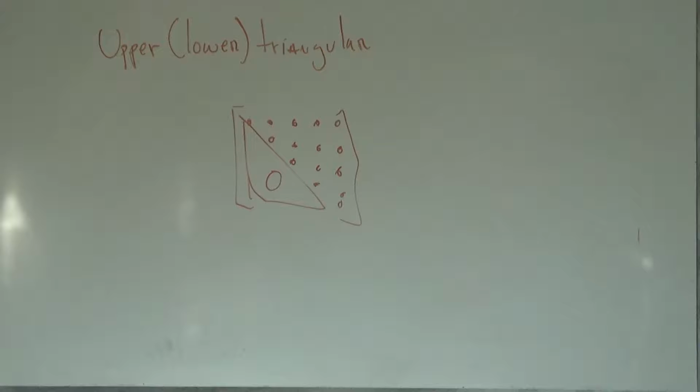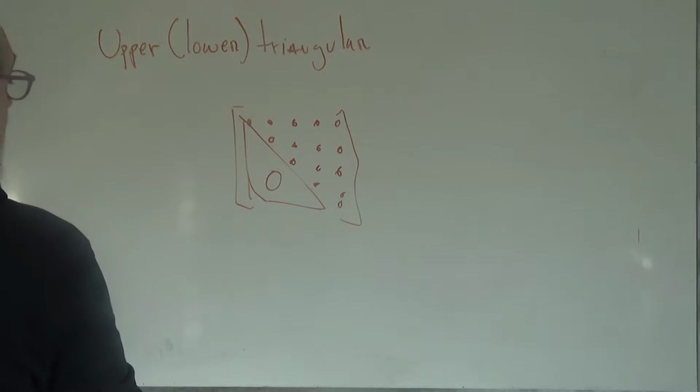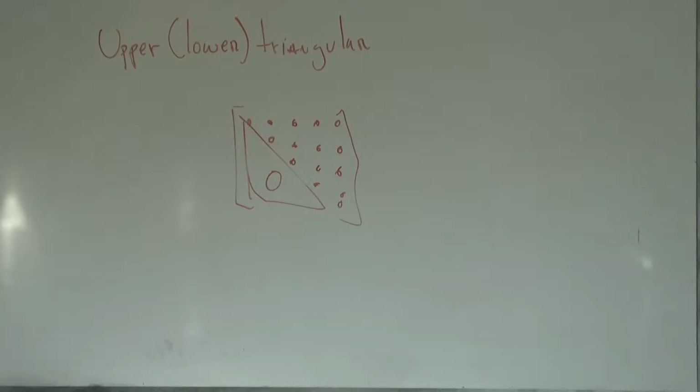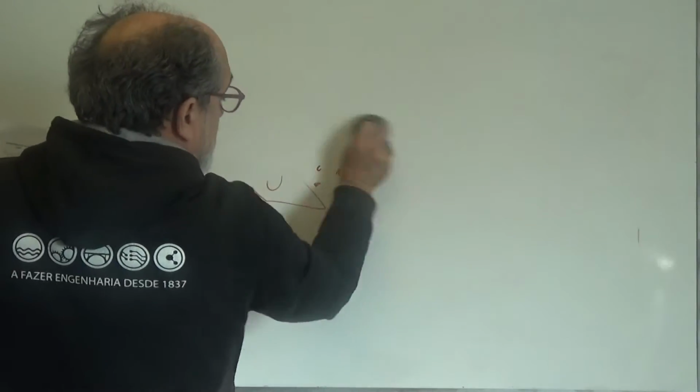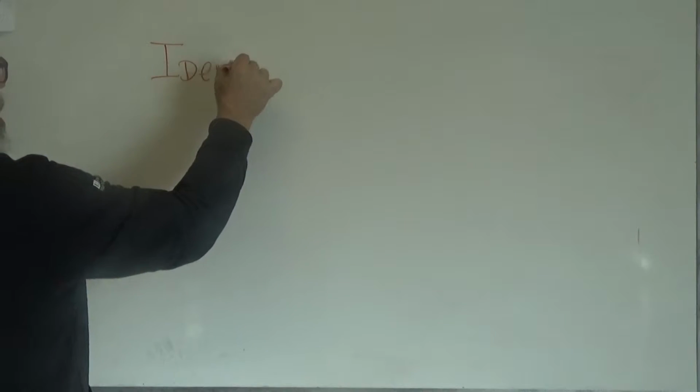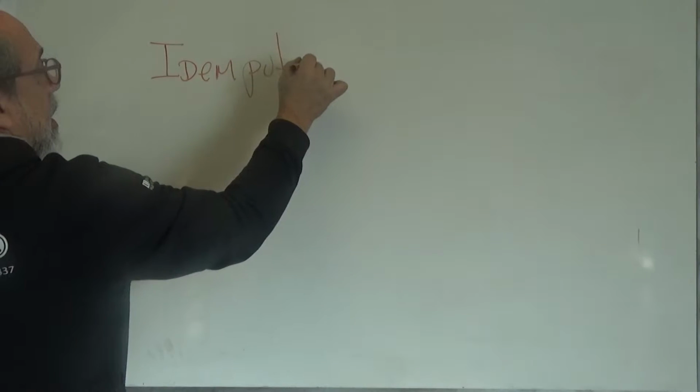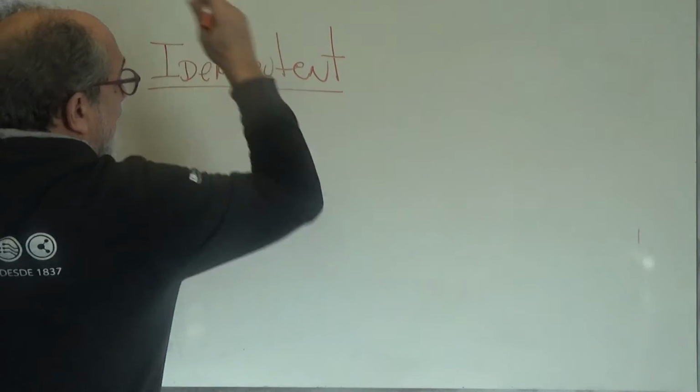Now, the next item is matrices called idempotent, which will show up sometimes, okay? So a matrix is idempotent, when is a matrix idempotent?